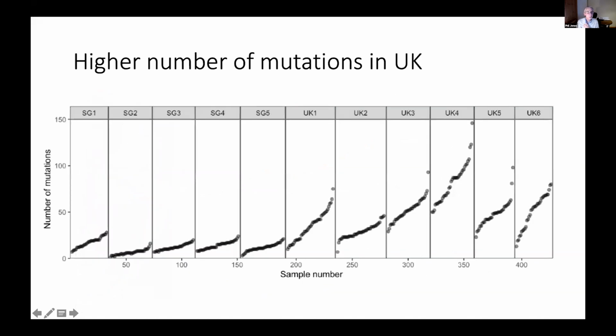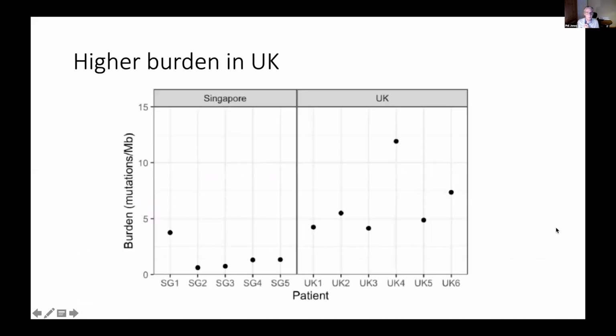And here you can immediately see who is from Singapore with very few mutations per sample and who's from the UK with far more mutations per sample. We estimate the burden from synonymous mutations in the targeted data, and you can see that the UK people, I wish to say these are overall very similar in age in the two groups, have a much higher mutation burden.